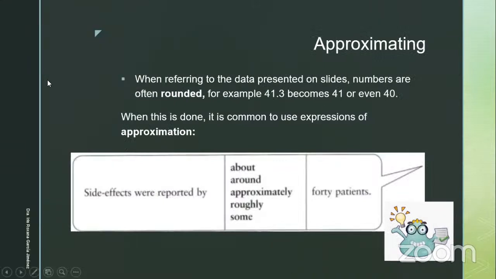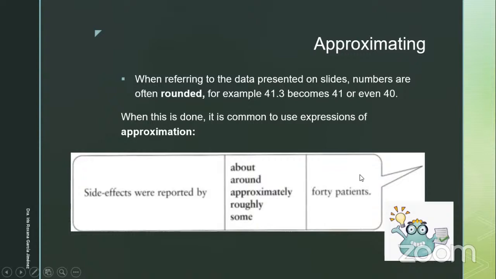About approximating. We don't have to read these values, 41.3, for example. It's not correct. When we're checking the slides, we need to round the values for making it easier, making it nice. For example, we can say side effects were reported by around 40 patients, not 41.3.